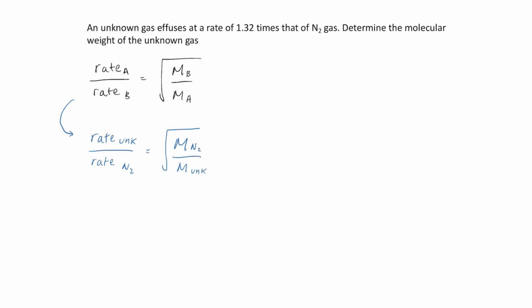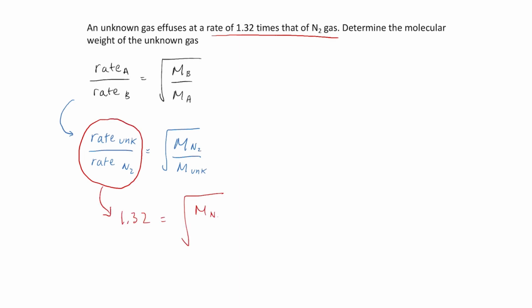Now the next thing we want to do is start filling in some of our values. But we weren't told what the rate of the unknown gas is or what the rate of the nitrogen gas is. We were just told that the unknown gas effuses at a rate of 1.32 times that of nitrogen gas. What that means is that this whole term is equal to 1.32.